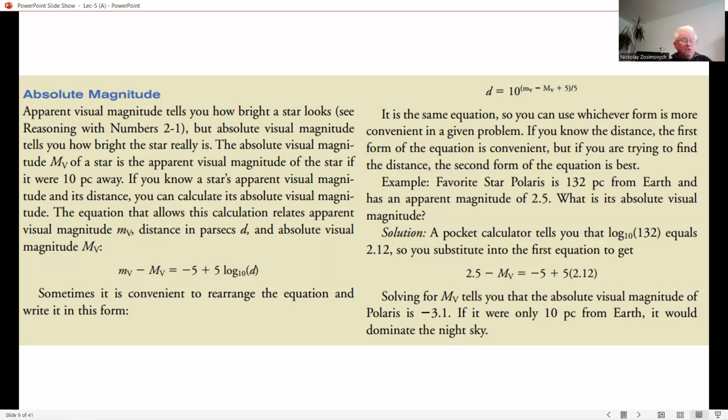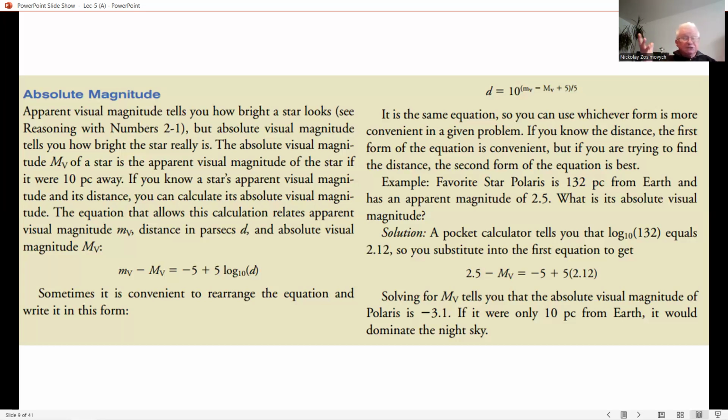It is not difficult to find the absolute visual magnitude of a nearby star. You begin by measuring the apparent visual magnitude, which is an easy task in astronomy. Then you find the distance to the star.